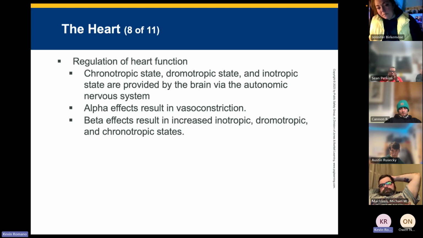So here you go. This is something you need to know for medications. Alpha effects result in vasoconstriction. Beta effects result in increased inotropic, dromotropic, and chronotropic states. We're changing rates.